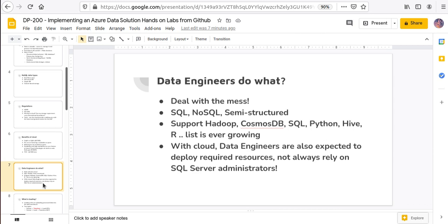What I like to call the deal with the mess. I don't know if I can call myself a fully dedicated or complete data engineer, but I have dealt with a lot of data in my life. Whenever I look at the data, it usually comes to me as a mess, meaning something is probably wrong with the data.